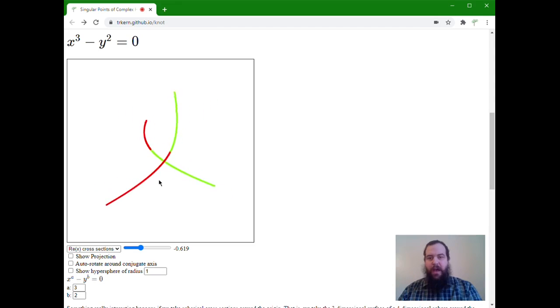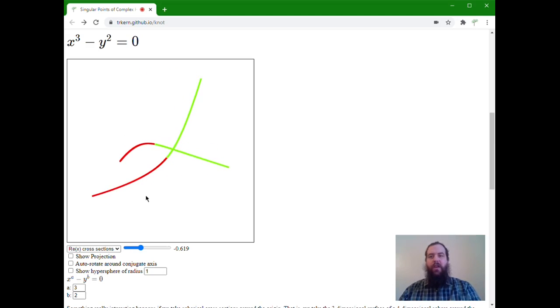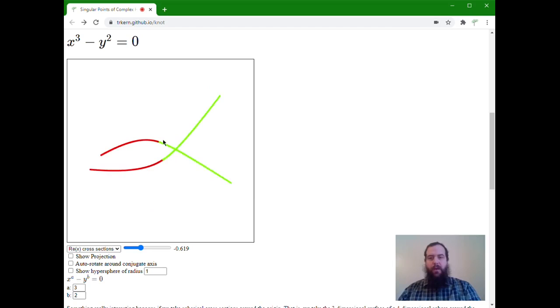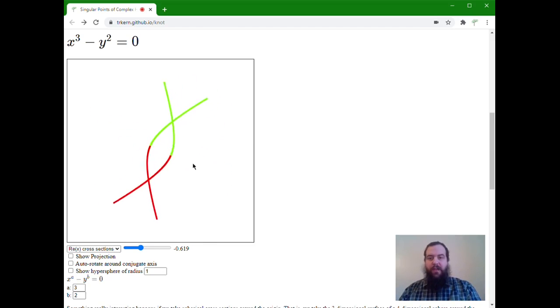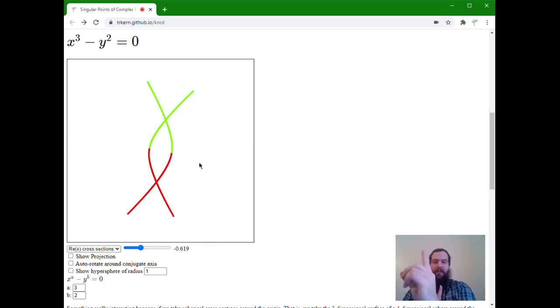So that's kind of neat. And again, we still see this situation where once we know what the real part of x is, and once we know what the imaginary part of x is, that is how far up or down they are in this direction, then that determines, up to a plus or minus, up to a symmetry around the origin, what the coordinates of y are.